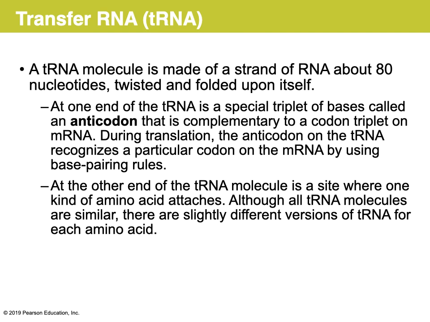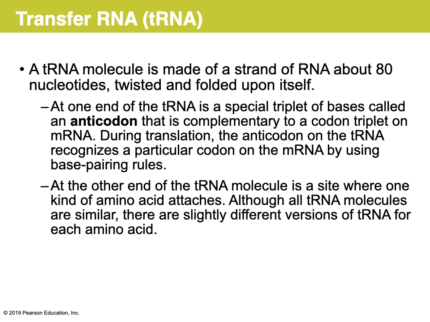So a transfer RNA molecule is a strand of RNA about 80 nucleotides long, but it's all twisted and folded onto itself. At one end is a special triplet of bases called an anticodon. This is complementary to the codon triplet on the messenger RNA. So messenger RNA is read in triplets, right? In these codons.